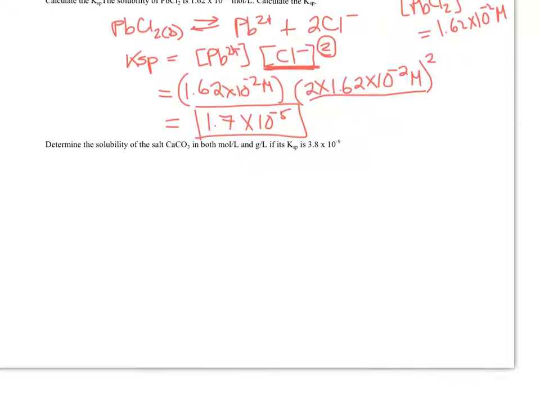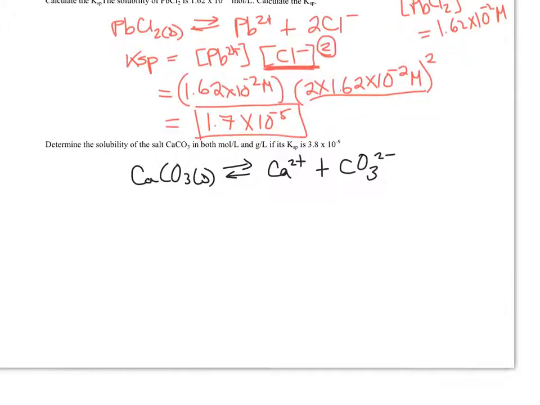Determine the solubility of the salt CaCO3 in both moles per liter and grams per liter if its Ksp is given to you. So, since we're talking about Ksp, you start as always: you write out your dissociation equation and the K expression. So let's do that. CaCO3 solid dissociates into Ca2+ and CO3 2-.